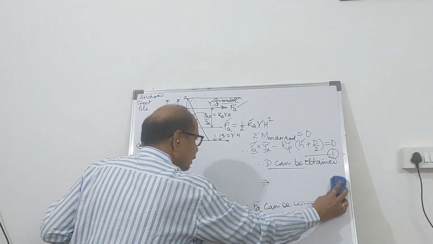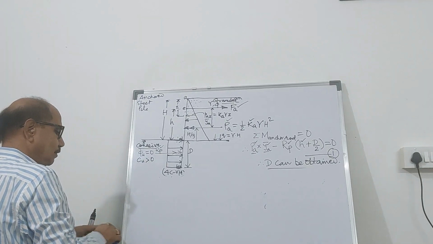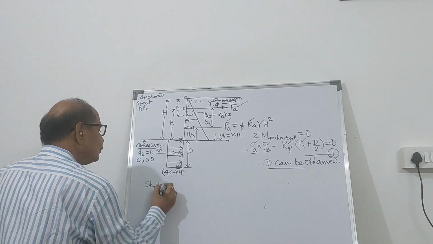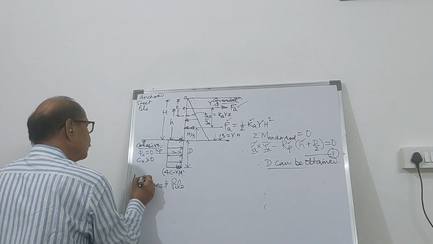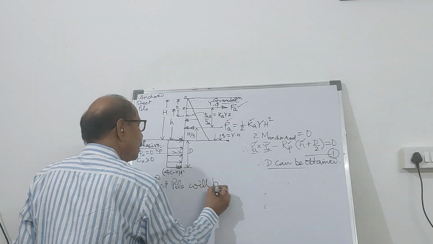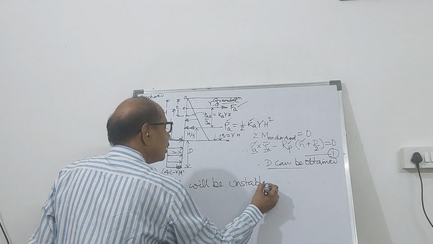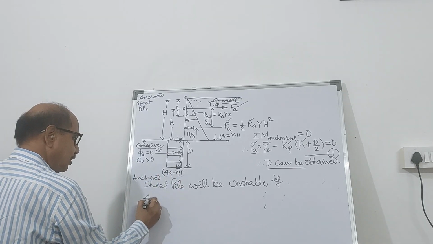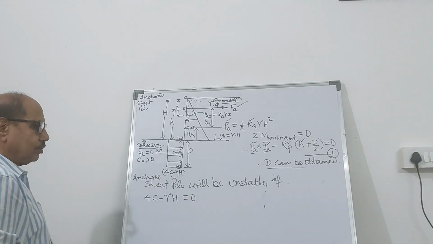What will happen? Then your sheet pile, or the anchored sheet pile, will be unstable if this 4C minus gamma H equals 0. So simple.